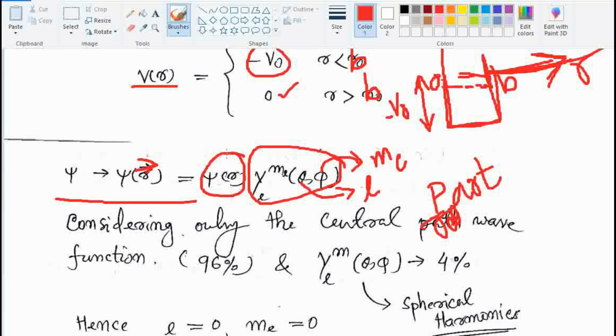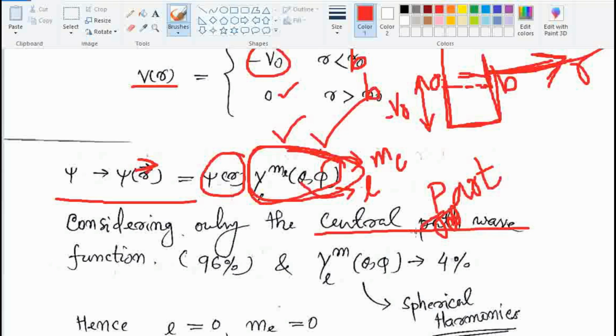Compared to that 96%, 4% is nothing. So we neglect this non-central part. The harmonic part is non-central because it depends on theta and phi, and its contribution is 4%. So we take only the central part.